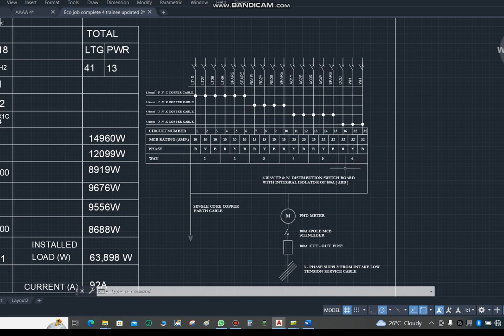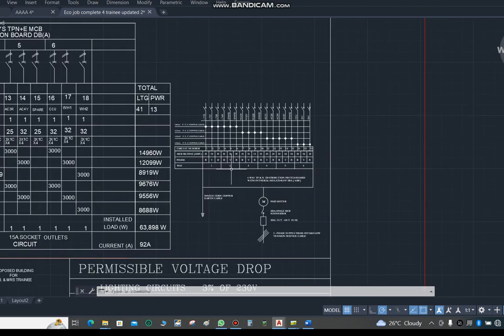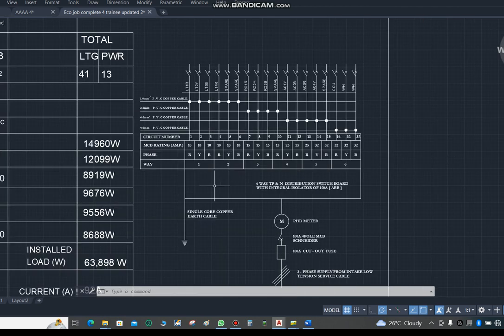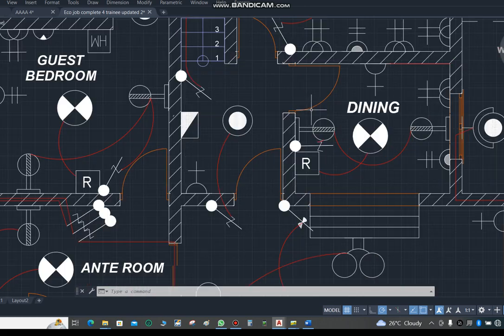If you need D4, D6, or D8, 18 ways, 12 ways, and so on, that is how you determine them. Then from there, you do your calculation to identify the outgoing breakers, their sizes, their ratings, and your circuit arrangement as well. For circuit arrangement, you come to your floor plan.